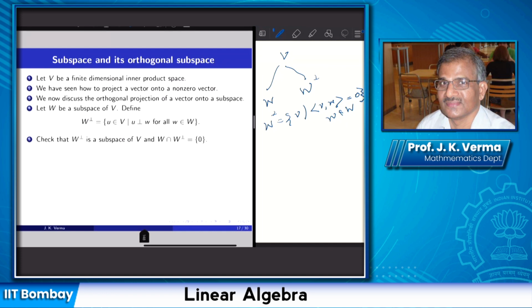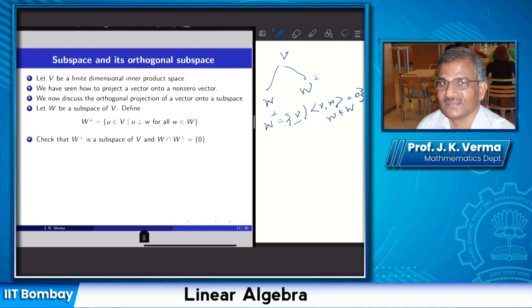So W perp is a subspace, because if I add two vectors which are perpendicular to every vector in W, their sum is also perpendicular. Similarly, a scalar multiple of a vector which is perpendicular to W will also be perpendicular to W.